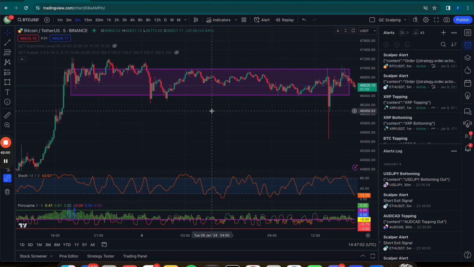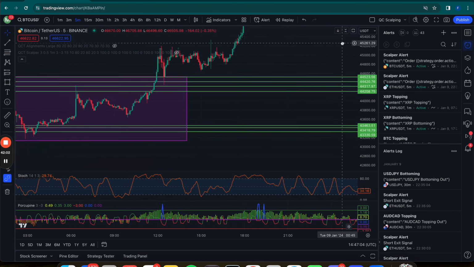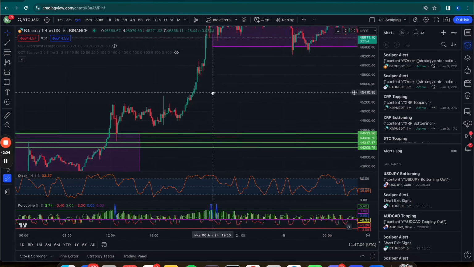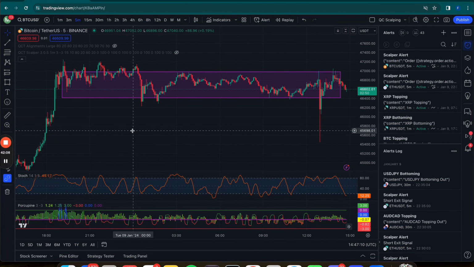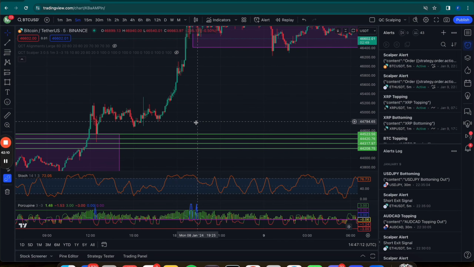Scalper, for example, right? It works well in ranges. It does not work well when we move between ranges. How do we fix that, or how do we account for that? Well, it trades in ranges. If it does not trade in a range and it breaks out, then that's when it hits a stop loss.